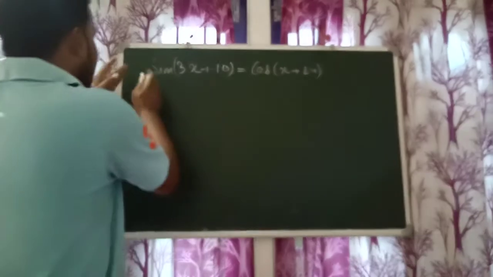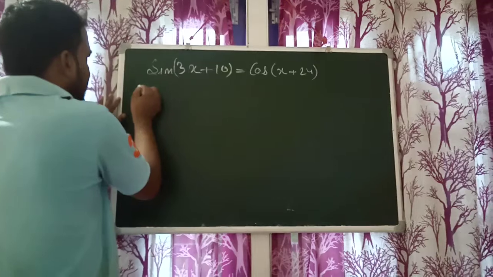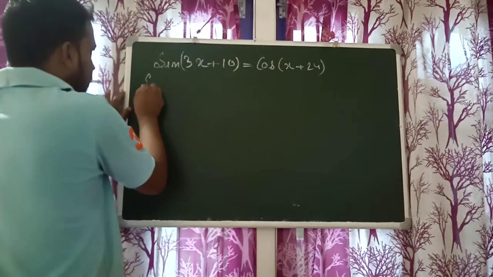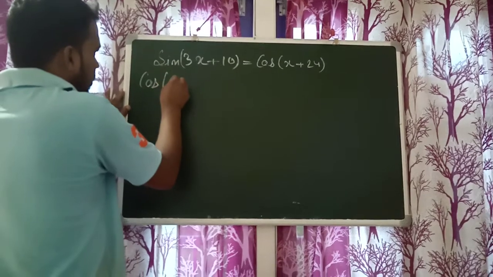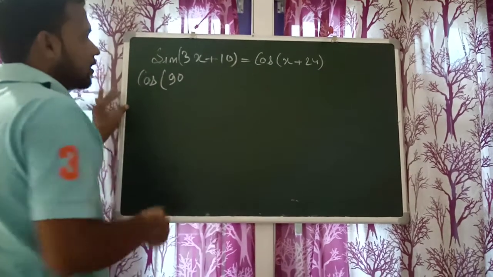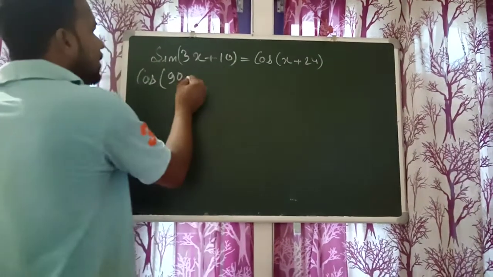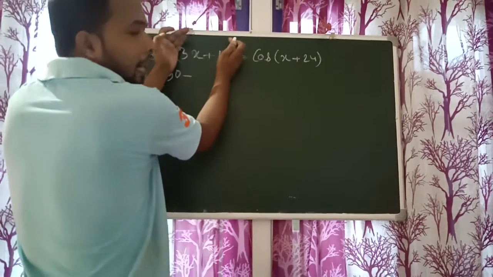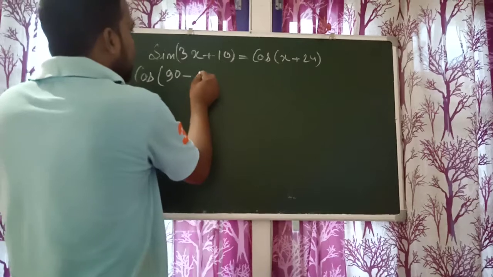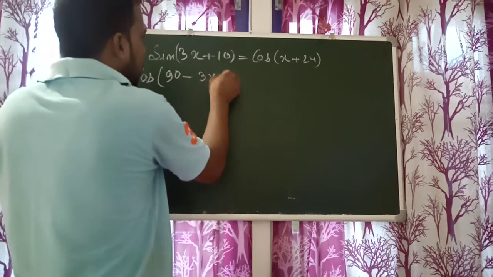Okay, now this one can be written as cos (90 minus theta). See here, cos (90 minus theta), you think this whole as theta. Okay, 90 minus theta, where theta is equal to 3x plus 10.